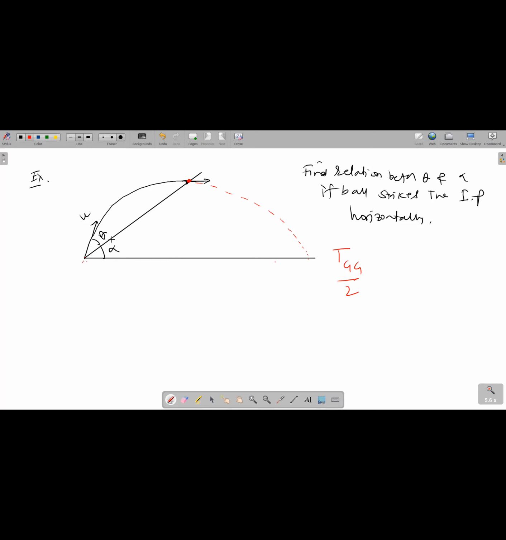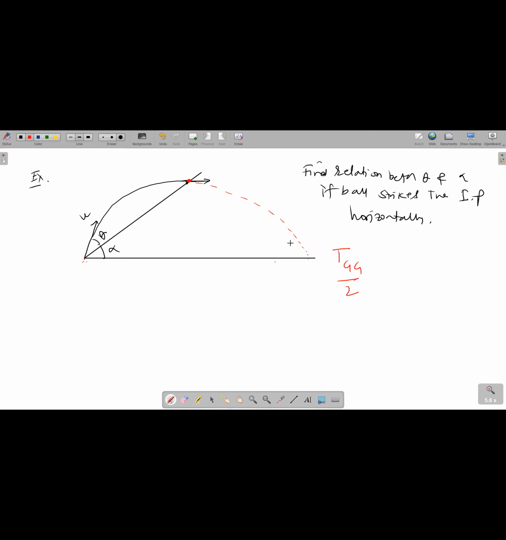So if there is no inclined plane, then we can consider this as ground to ground projectile motion. In that case, the angle of projection would be theta plus alpha. This is because at this point the ball is striking the inclined plane horizontally.